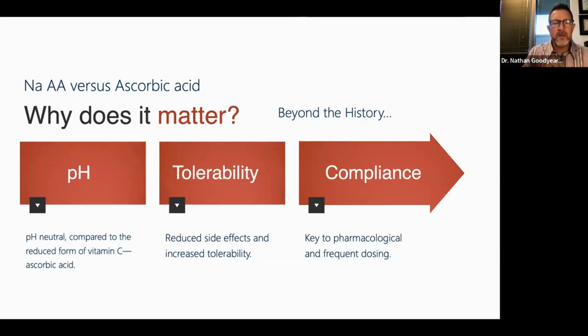And if I can't therapeutically dose because something like ascorbic acid is pH negative, then I can't reach tolerability and compliance in my dosing. So I've got to introduce a therapy that's going to be pH neutral. Tolerability, thus, I'm going to be able to reduce side effects. I'm going to be able to increase the frequency of the dosing. The patient is going to be able to comply with the frequent dosing, the high dosing, and that is where we're going to get the pharmacological effect of the vitamin C.